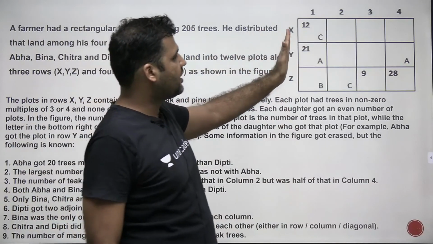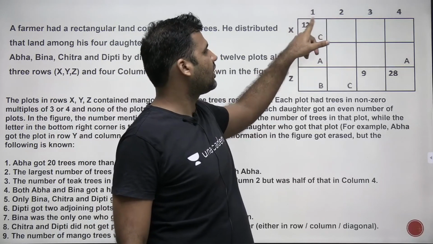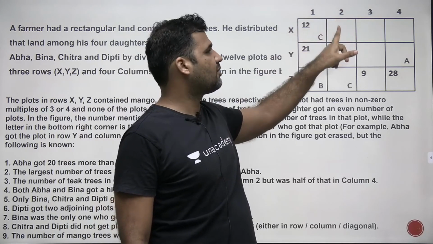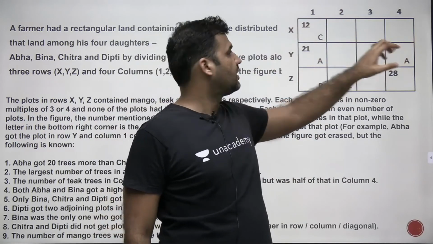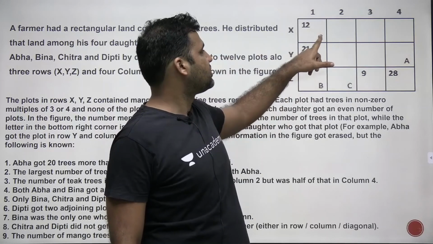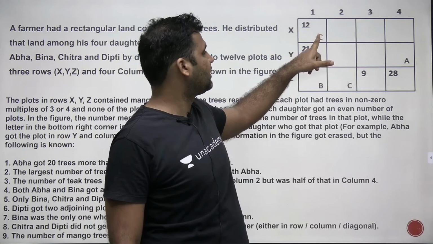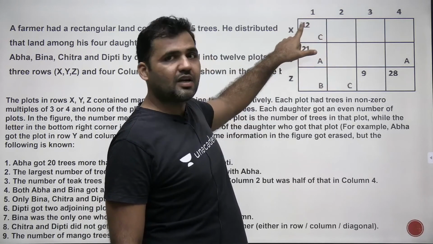It has been divided into rows and columns. So this is row number X, column number 1. This is row number X, column number 2, and so on. Some of these values are mentioned here. A represents the name of the daughter starting with A, that is Abha. C is the name of the daughter starting with C, that is Chitra. So that means this plot contains 12 trees.